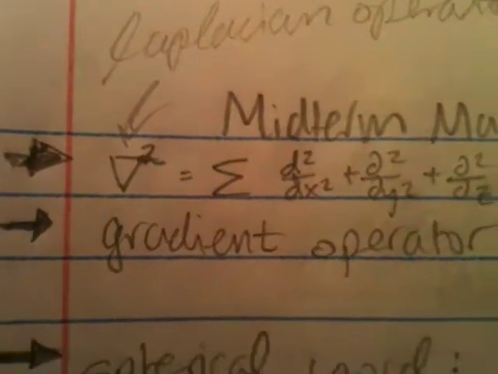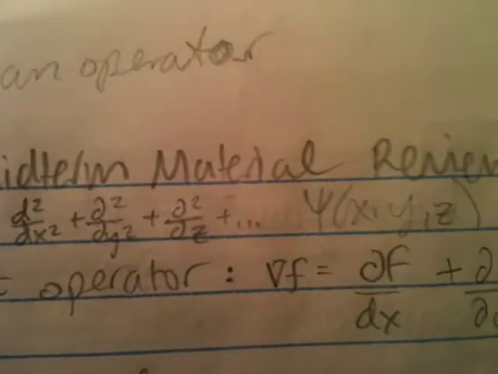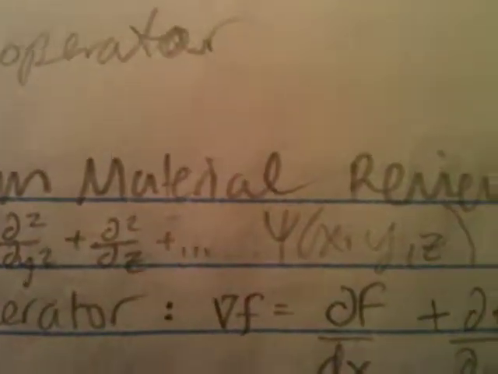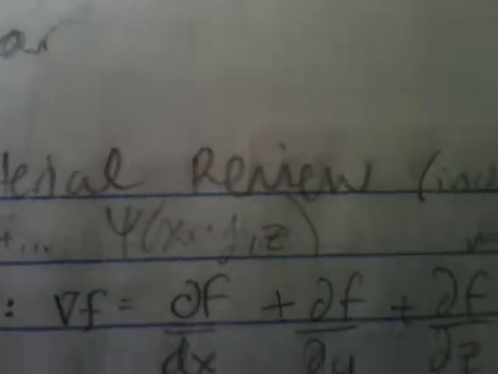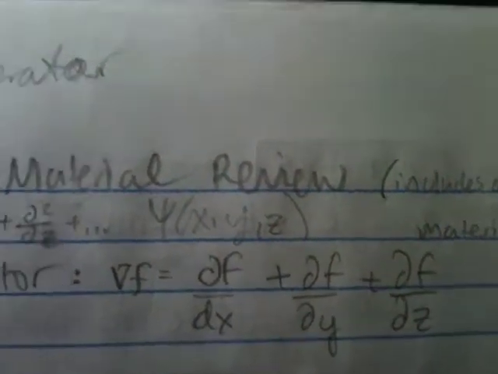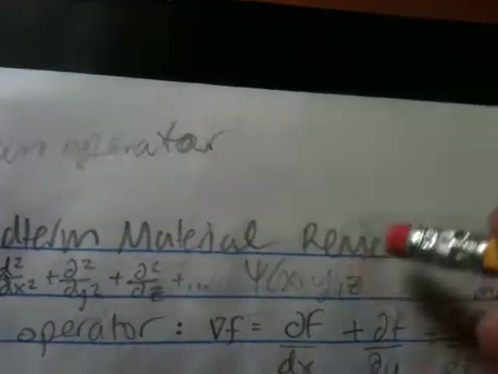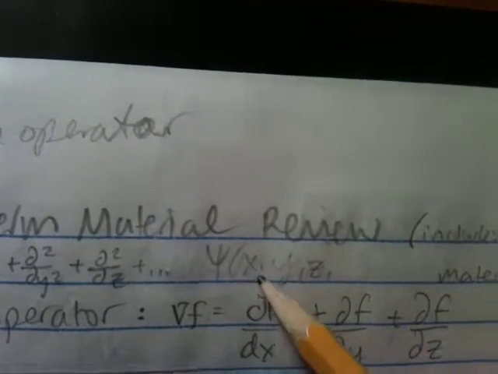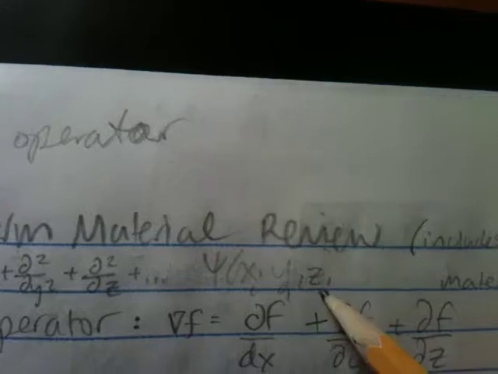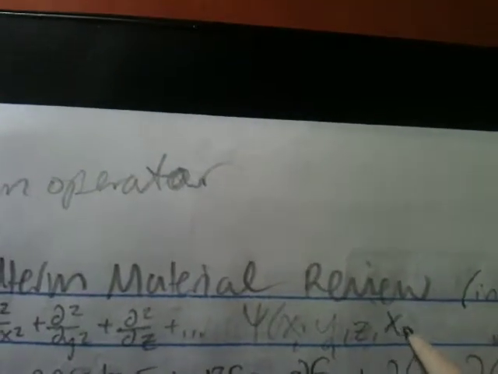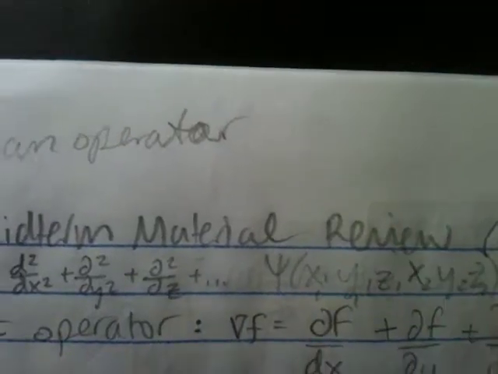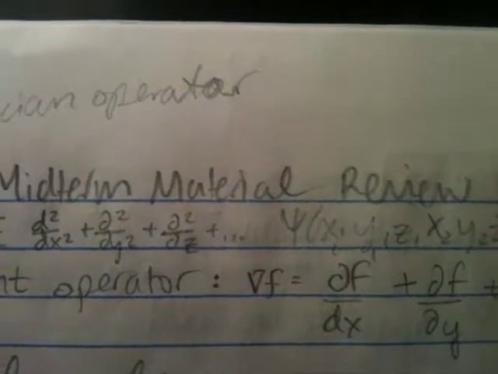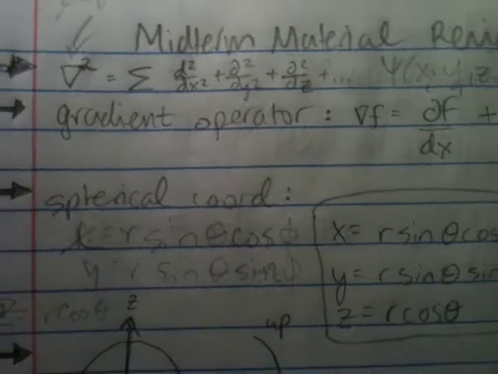Alright, so to recap, we have a Laplacian operator, which we can apply to any number of components, really. This psi could have, just for kicks, x1, y1, z1. And then you could also have x2, y2, z2. You could really go on all day, and then you just keep adding partial second derivatives.